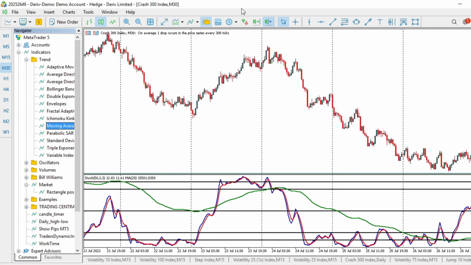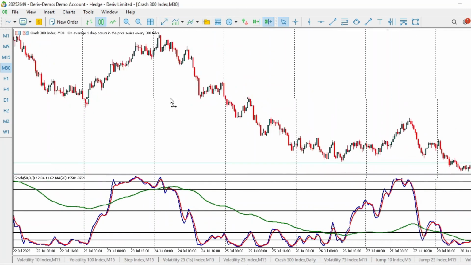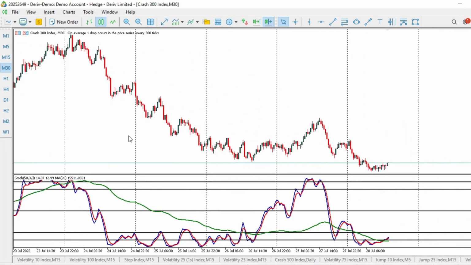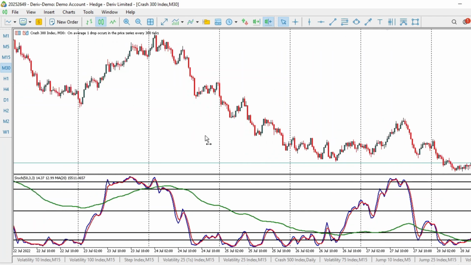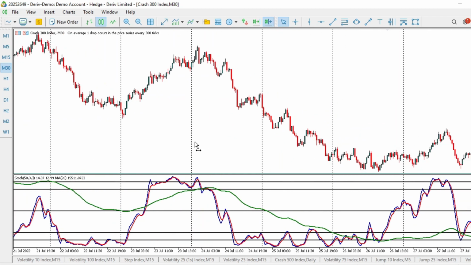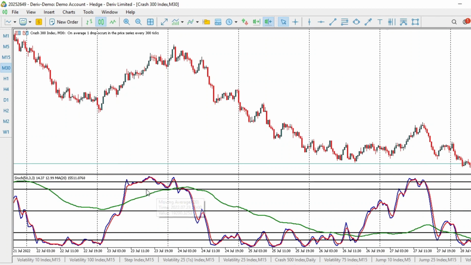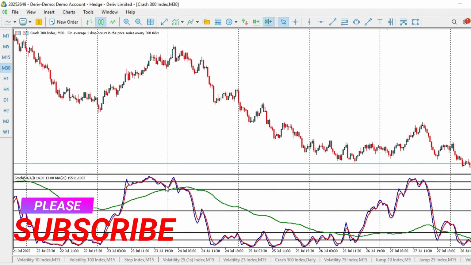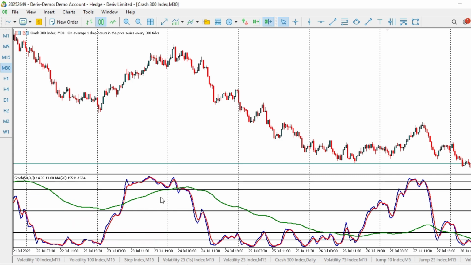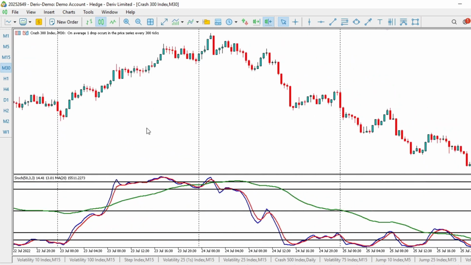Now we can see that it can start to help us determine some clear entries. The first thing is that once we see that the stochastic is above level 80, between level 80 and level 90, and then we see the moving average come to cross it, we can say it is up there.